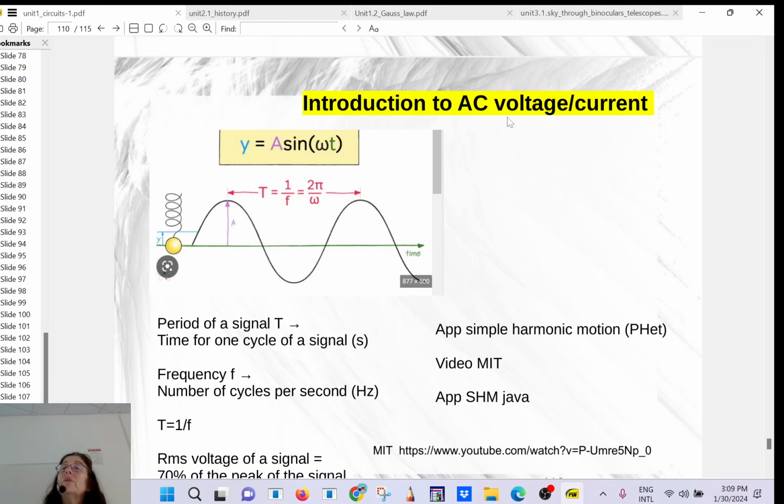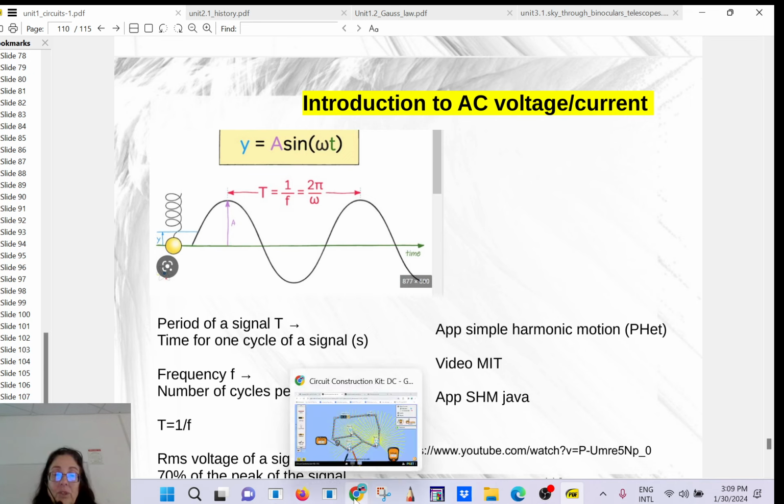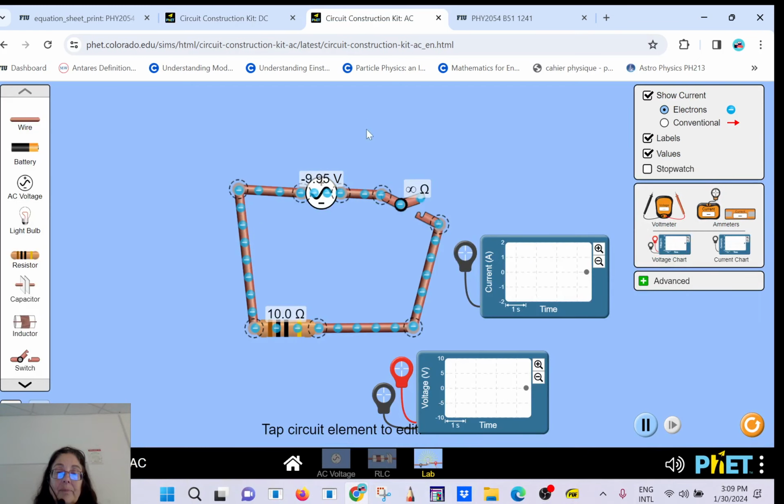Okay, a little bit about AC voltage. I told you that the electricity we get from the outlet is AC, alternating current. Let me show you. I have an app here.